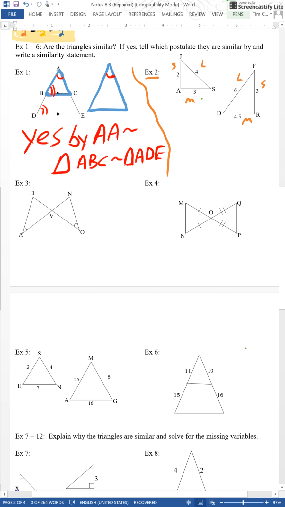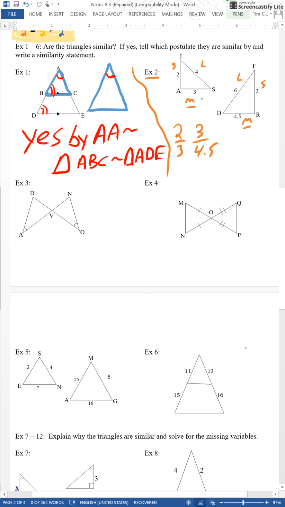So my small side over my large triangle's small side is going to be 2/3. My medium over my medium is going to be 3/4.5.